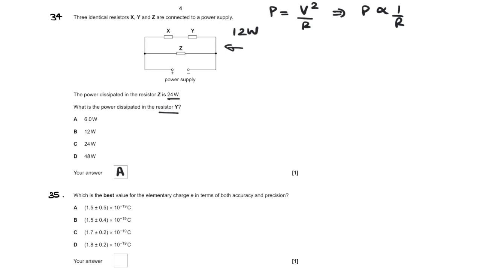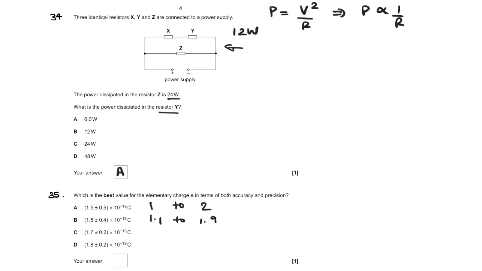Now, for our final question of this video, we are asked to get the best estimate for the elementary charge, E, in terms of both accuracy and precision. If we look at A and take away 0.5, we get 1, and if we add 0.5, we get 2. For B, if we take away 0.4, we get 1.1 and 1.9.